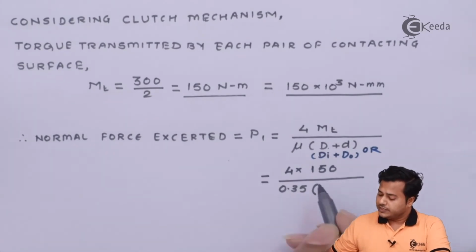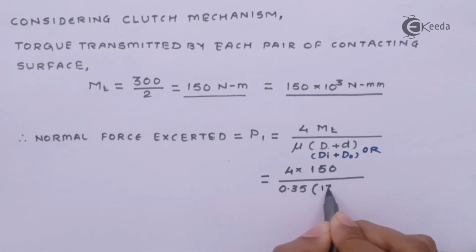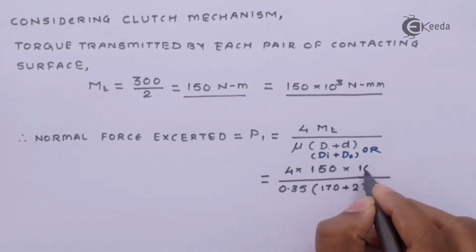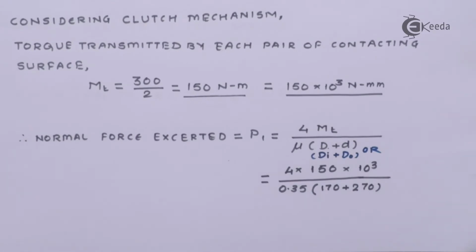So with that logic, let's substitute the values. So after solving this expression, we get the value somewhere around Newton. So this is the normal force that will be exerted as a whole by this particular pair of plates, so that the required torque will be transmitted.